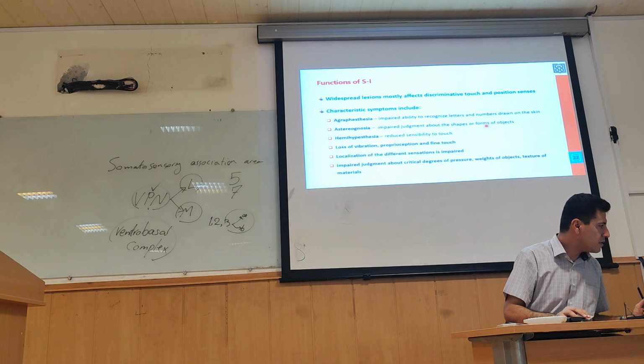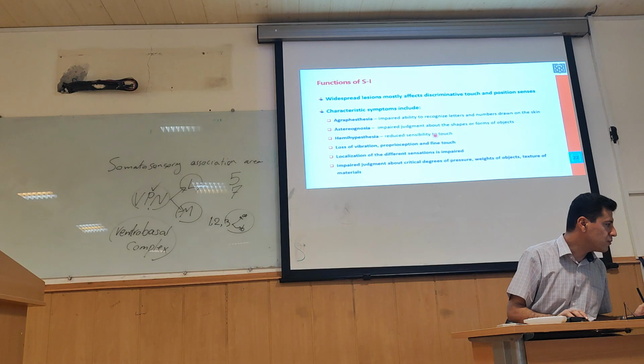Also, hypoesthesia, reduced sensibility to touch. These are some clinical conditions that happen after bilateral removal of S1. Physiologically, after this injury, there will be loss of vibration, proprioception and fine touch.